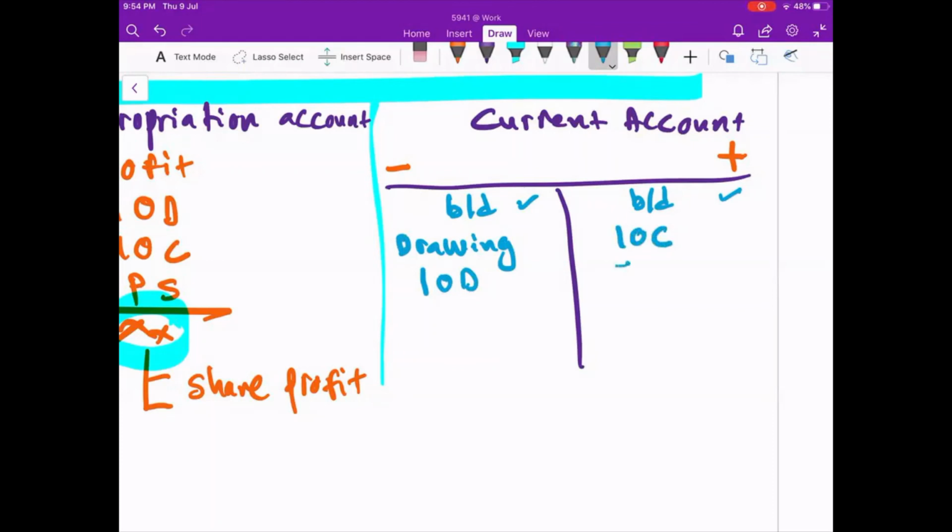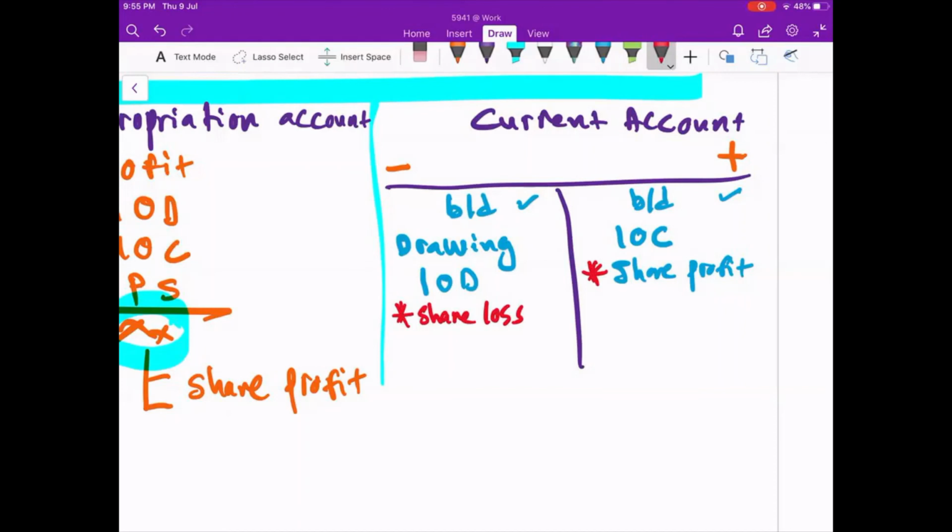And also the share profit will be on the credit side also. If you have a share loss, it will be on the debit side. But remember, if you have a share profit, then you only have the share loss. If you have a share loss, you don't have a share profit. Okay, this is the normal item that will be in a current account.